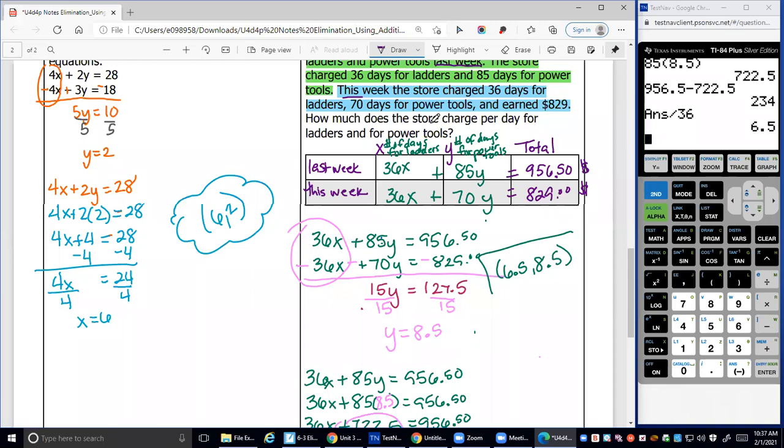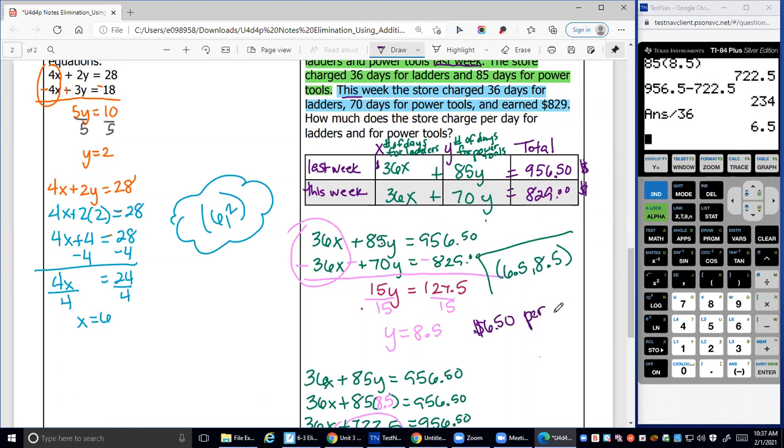I actually do have a critique of what I thought X and Y is. We know that the answer is going to be $6.50 per day for a ladder.